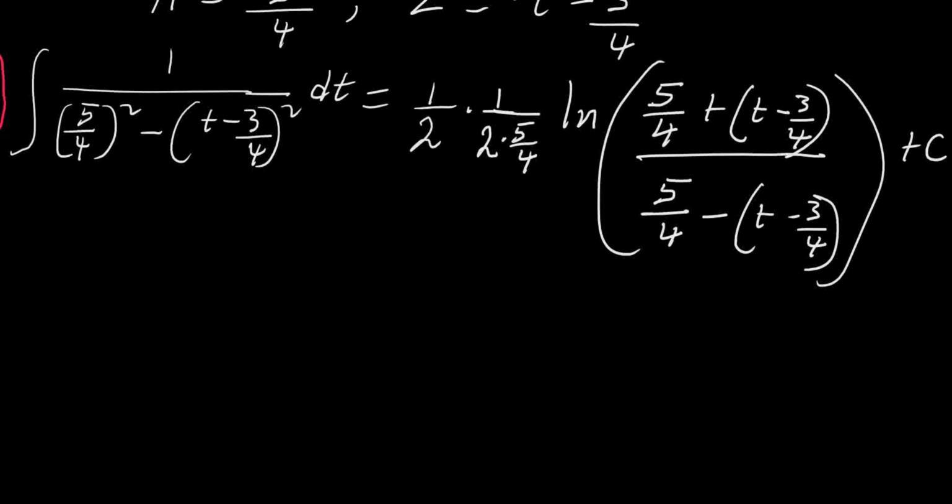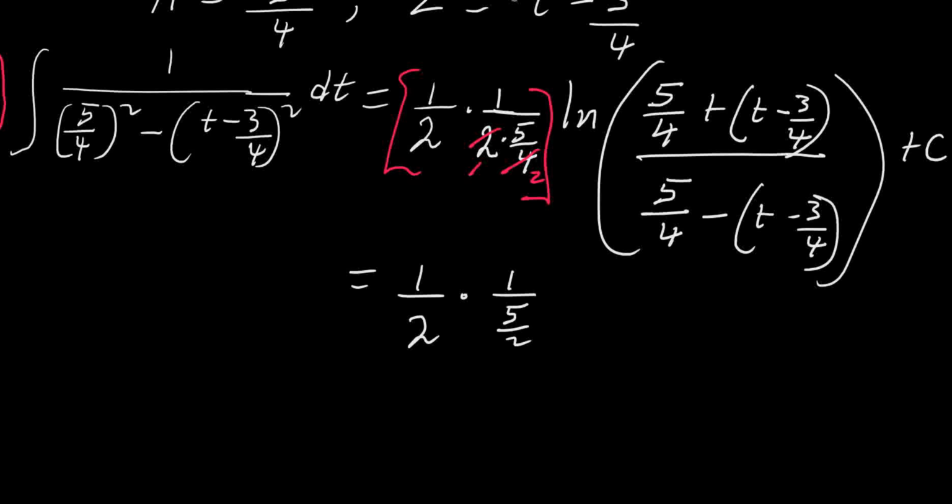So now we can simplify the whole of this. First let's divide. 2 divided by 2 is 1, and 4 divided by 2 is 2. So this will be 1/2 times 1 over 5 over 2. Then let's clear the parentheses of the numerator.